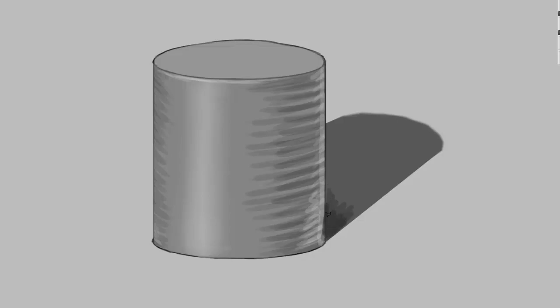As two objects get closer to each other, less light can get in here. And so it gets darker just because the bounce light can't move in there very well. And then I just blur this. Put a little bit of ambient occlusion around the base of the object. Mush all these layers together.